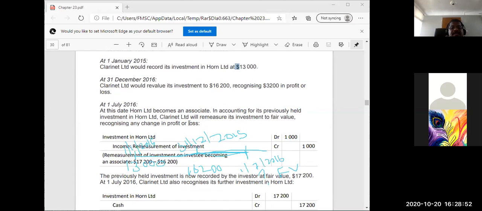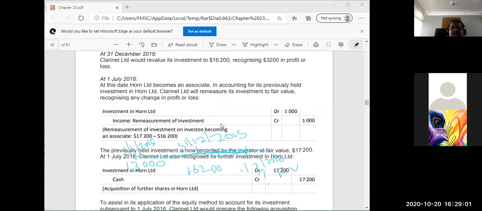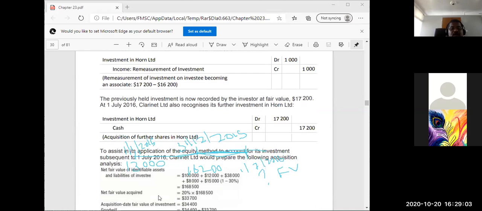Here, C Limited will remeasure its investment to fair value, and record any change in profit and loss. You take the fair value of this investment and the change you charge to the P&L.